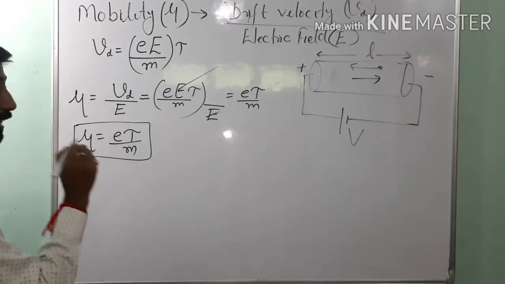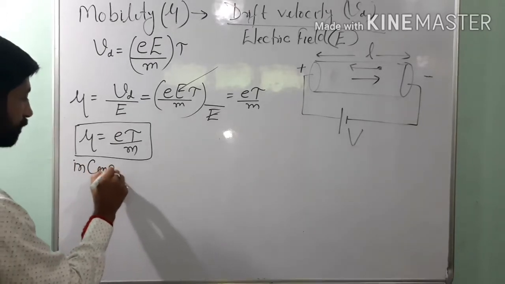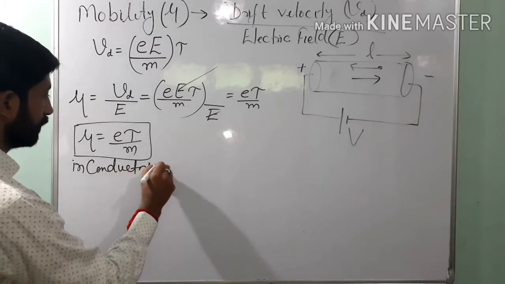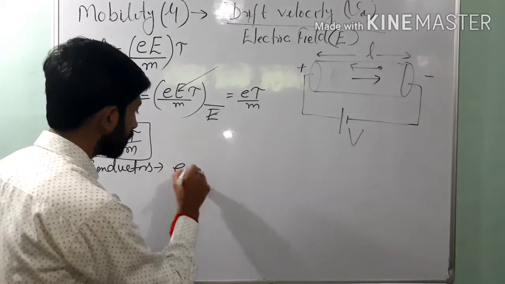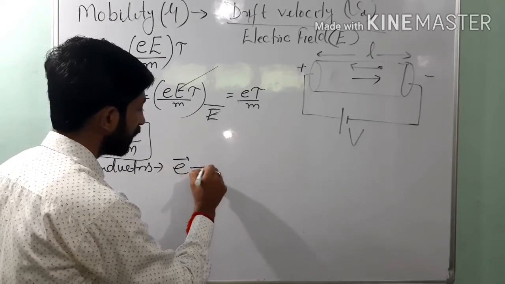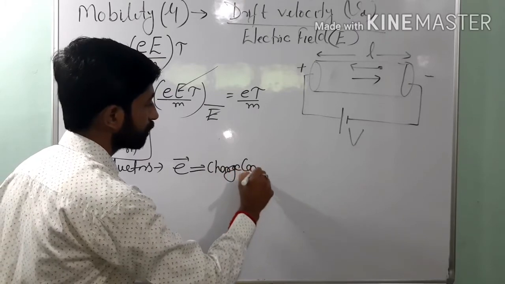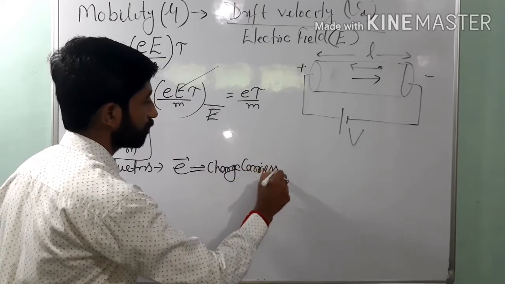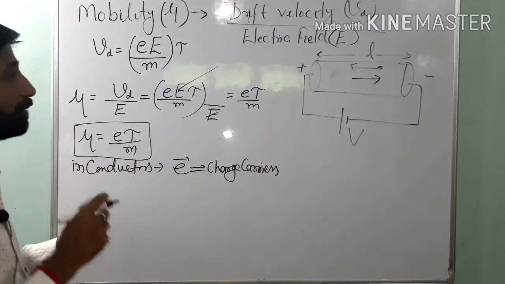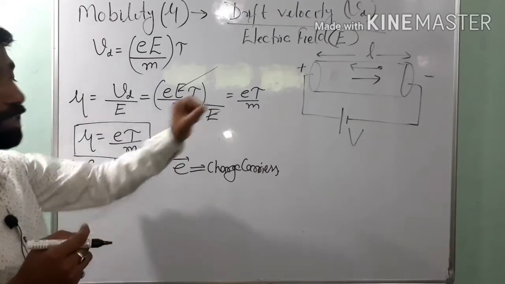In case of conductors, the electrons are the main charge carriers. So what will be the mobility of electron in a conductor?